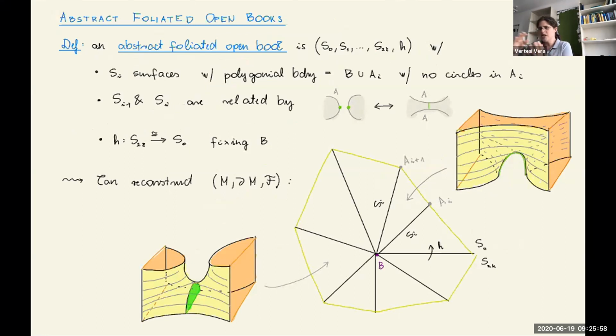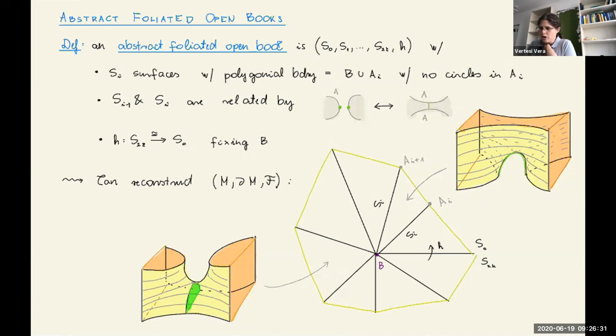It's a sequence of pages. You have to have even numbers so you can get back to the same diffeomorphism type from S0 to S2K. And then each of them has polygonal boundary and maybe some circular boundary, but the circular boundary has to be in the binding. And then each page is related to the consecutive one by either a cut or a one-handle gluing.